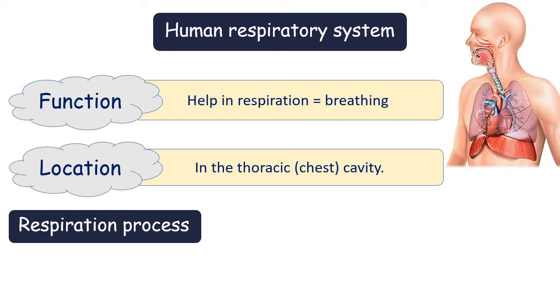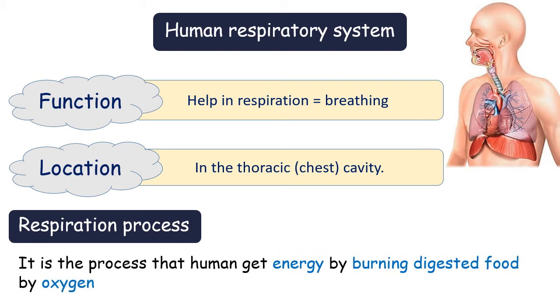Respiration is a process in which our body gets oxygen from the air to burn the food to get energy. So, humans get energy by burning digested food with oxygen.